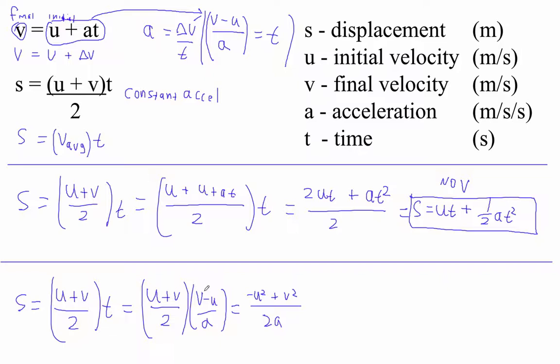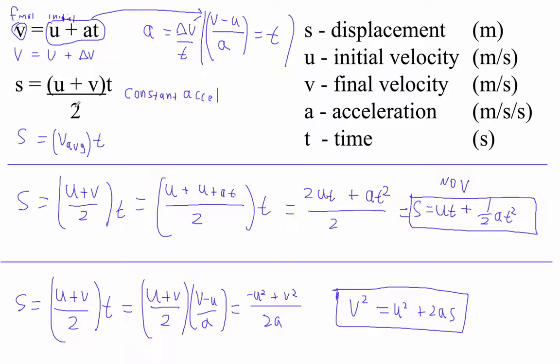So notice that the u times v and the v times negative u, those terms cancel out. We end up with this, right? And then if we rearrange this, we end up with v squared is u squared plus 2as. Right? So that's where that formula comes from. It just comes from substituting parts of this into this.